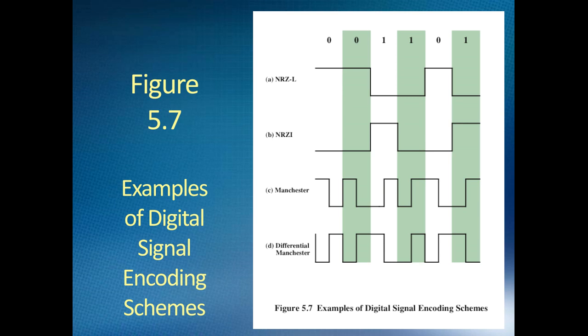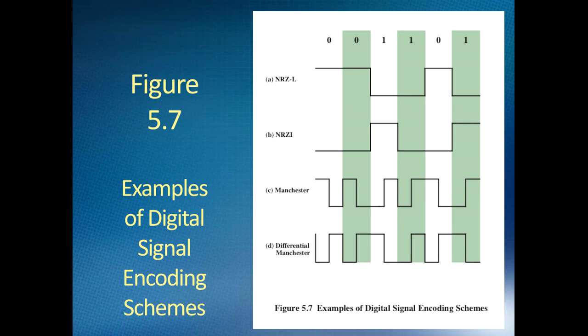Manchester is a different technology. In Manchester, the change happens in the middle of the period. See where the change is? In the middle. What will happen with Manchester? When it is 0, it will go from high to low. When it is 1, low to high. Okay?